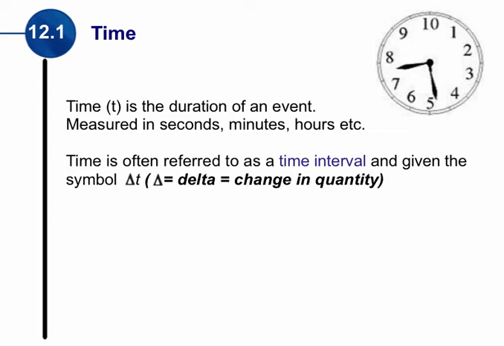And it's given this symbol delta t, triangle t. Now, that triangle really represents delta, meaning change in quantity, delta time. So if we were looking at a time, we usually start at time 0 and start our clock and see what the time interval is for something happening.